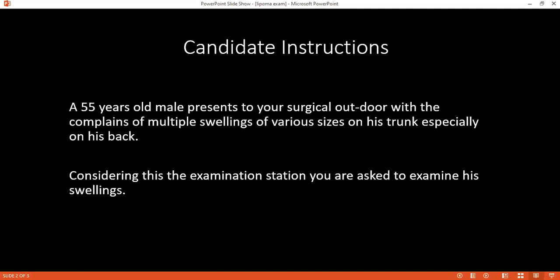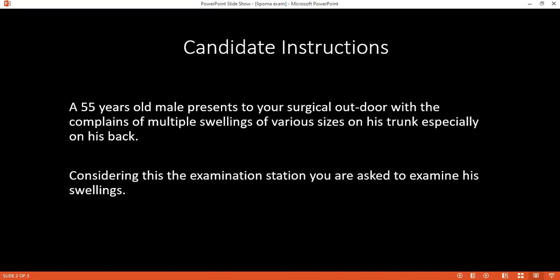I've been asked to examine your trunk, which includes the front part of your body and the back. It would also include inspecting the swellings on the trunk. Sir, please, can you remove your shirt? Yes. Okay, just sit properly on the chair.